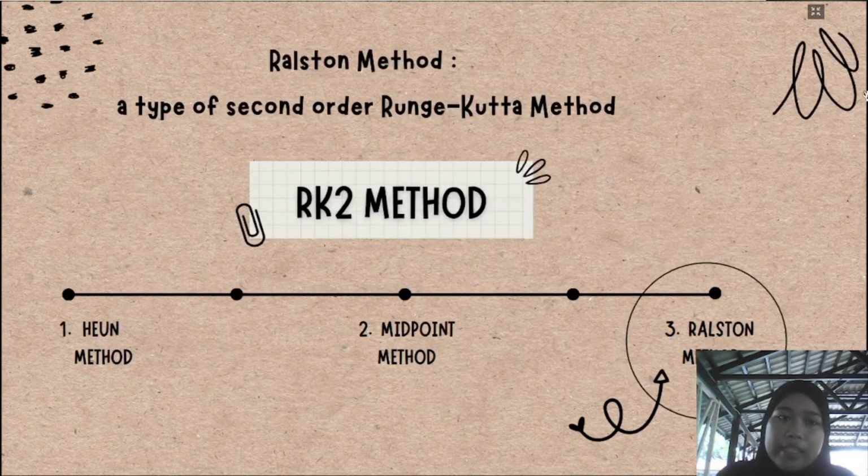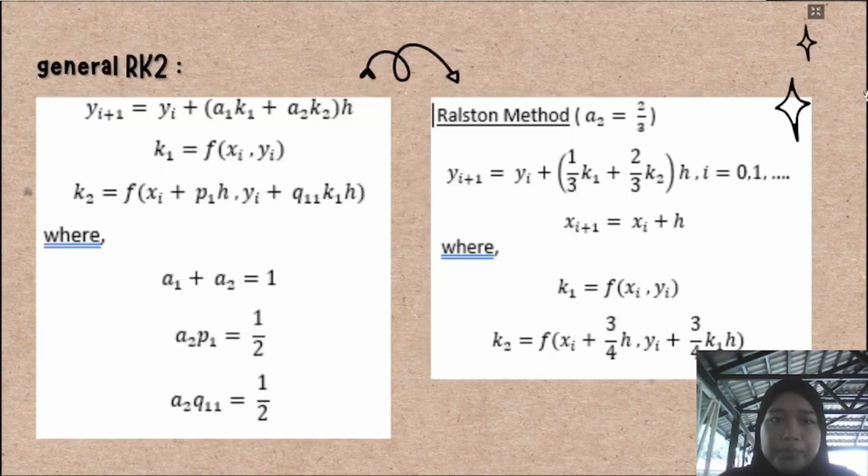What is Ralston method? Ralston method is a type of second order Runge-Kutta method. RK2 method can be found in three methods, which are Heun's method, midpoint method, and Ralston method, which we will be discussing today.